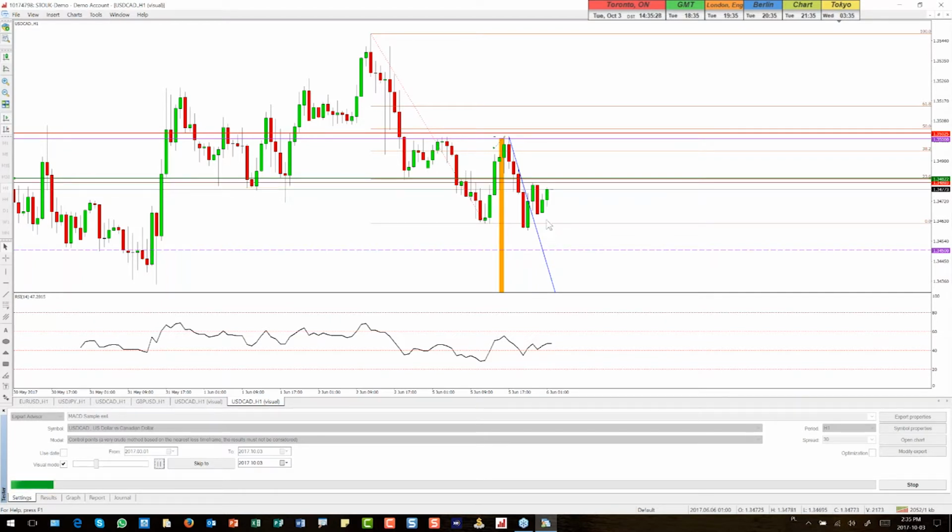See, on any move, there is always correction. Keep in mind that price never moves in a straight line, it always has corrections and so on. So we're trading on the 1 hour chart, US dollar to Canadian dollar.